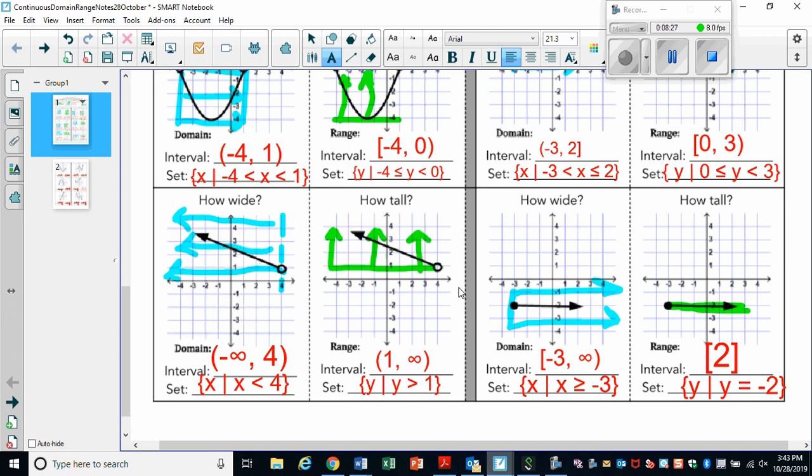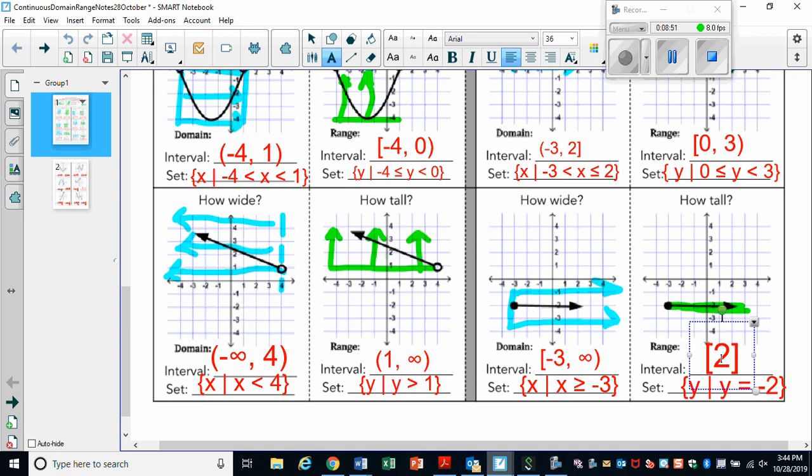This next problem is similar to the previous problem. We see an arrow, but this time it's going to the right of x equals -3. So this is our x value. This is the point (-3, -2). That should be a -2. I will fix that momentarily.